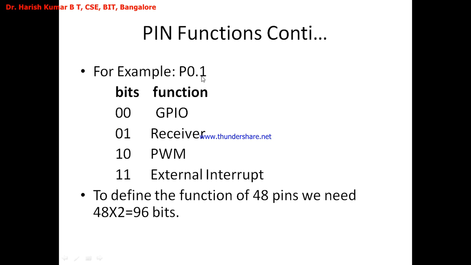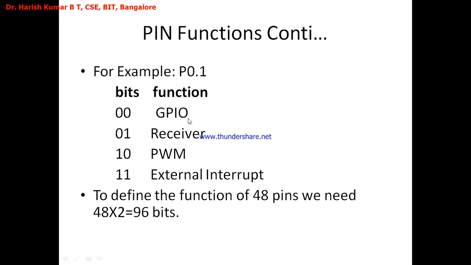Now similarly, if I take the first bit of port 0, P0.1, this also can function as general purpose input output mode, and to make it function in that mode I have to give the bits 0 0. Now P0.1 cannot access the transmitter, it can access the receiver, whereas P0.0 can access the transmitter when you give the bits 0 1.